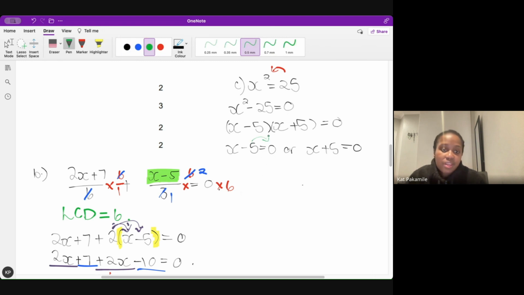Remember, our -5 needs to go over to that side. And what's going to happen when we do that? There we go. First solution is, therefore, x is equal to +5. Or, when I move my +5 over, my second solution is x is equal to -5.